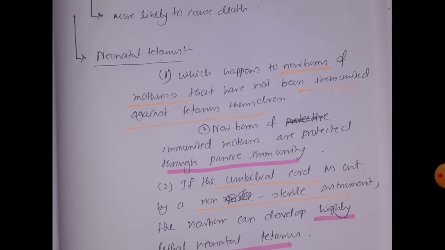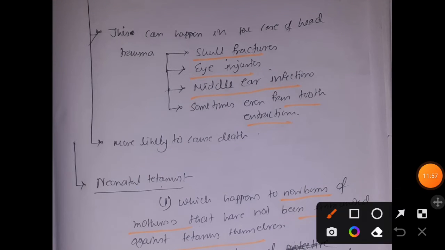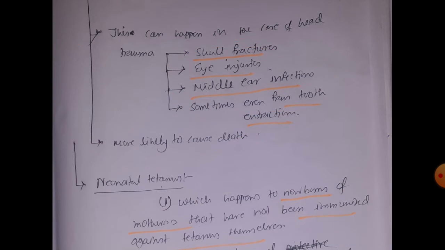But the most dangerous form of tetanus is cephalic tetanus. It is limited to muscles supplied by the 12 cranial nerves. This can happen in the case of head traumas, for example skull fractures, eye injuries and middle ear infection, and sometimes even tooth extraction, and it is more likely to cause death.